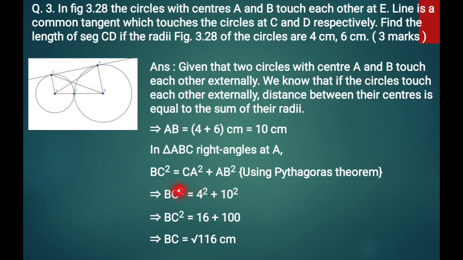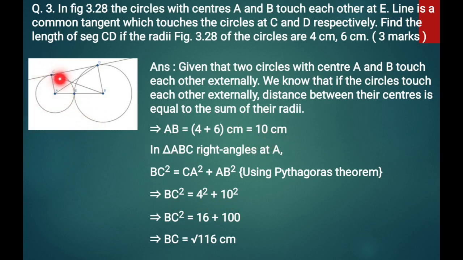In triangle ABC, this triangle ABC is right angled at A. So we use the Pythagoras theorem for calculating the value of BC. BC square equals to CA square plus AB square. Using Pythagoras theorem, substitute the value of CA, substitute the value of AB. So we write here BC square equals to 4 square plus 10 square, because this AB we calculated, that is distance between the two centers, 10 cm.